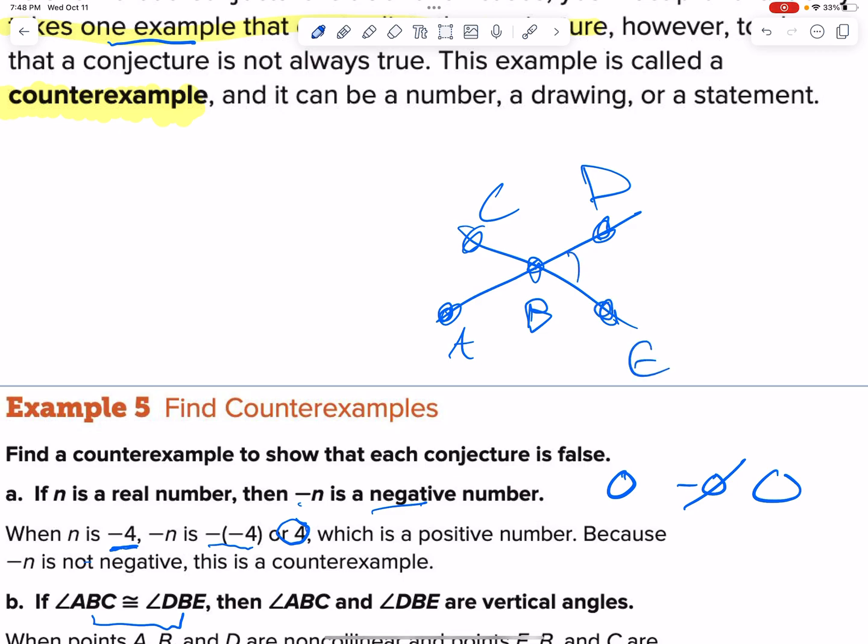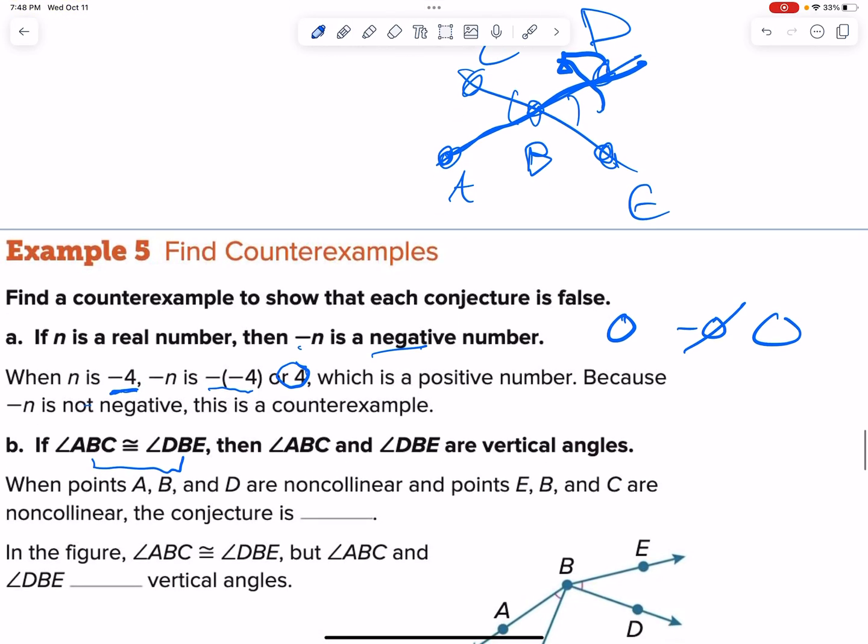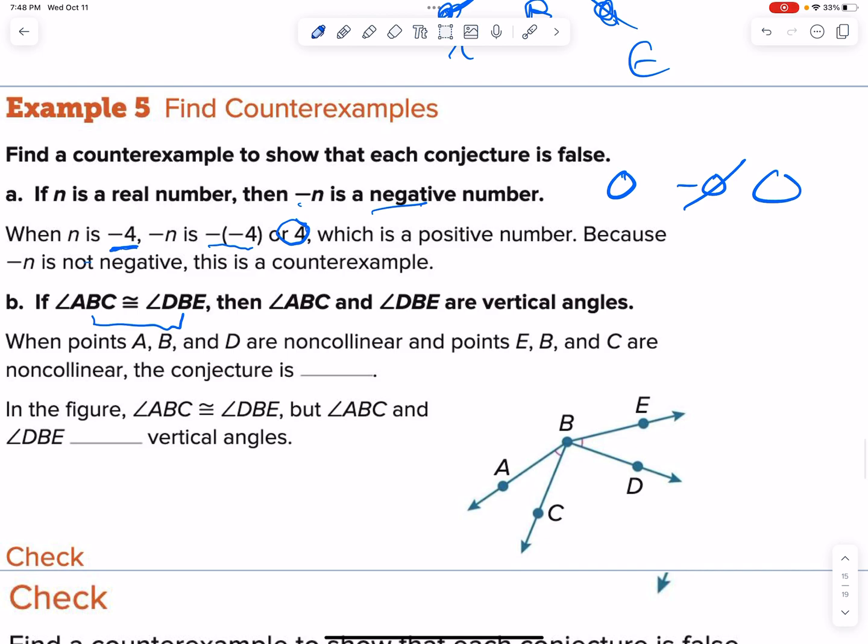And again, that's because they're vertical, but they're asking you to come up with a case where that's not true. All we have to do to make that the case is slightly tilt this image so we can take this angle and tilt it away so that these are not collinear. As you can see here, they take an image and just twist it a little bit. You can see the congruent markings. They share a vertex, but those are not vertical angles.